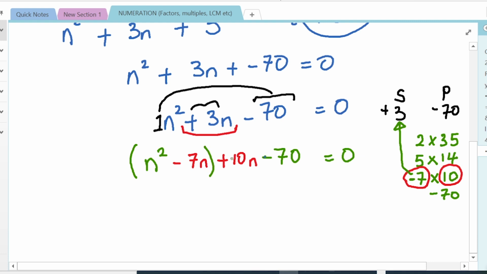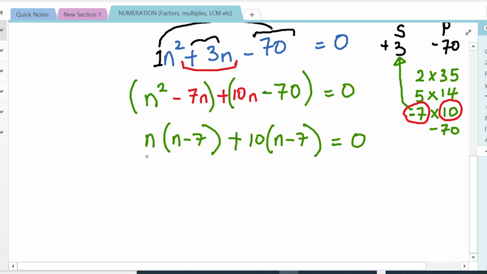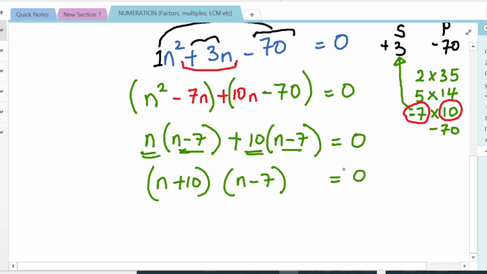So we put that in brackets, we put this in brackets. So this becomes n outside the brackets into n minus 7, then that is going to become plus, the common factor there is 10 into n minus 7 is equal to 0. So of course the things outside the brackets will go alone, n plus 10 into the things outside the brackets, which is n minus 7 is equal to 0.